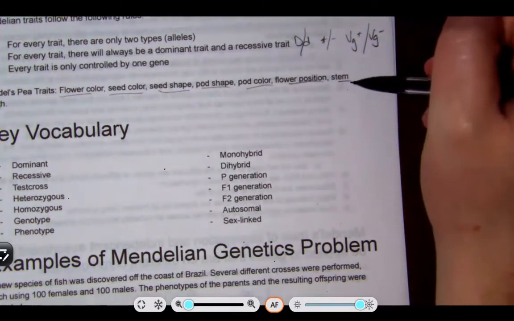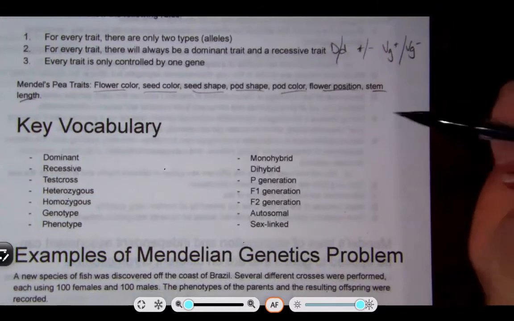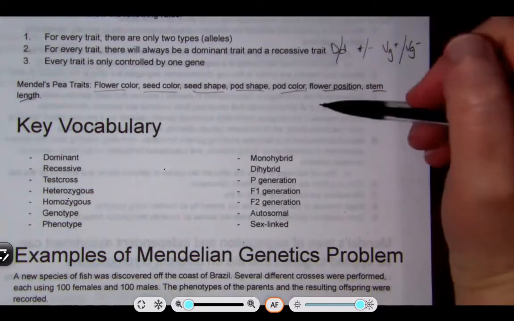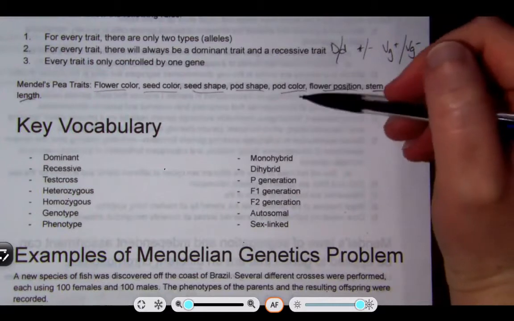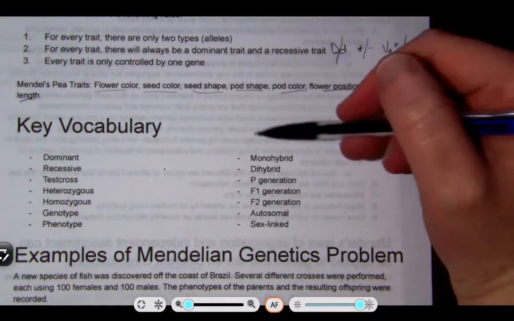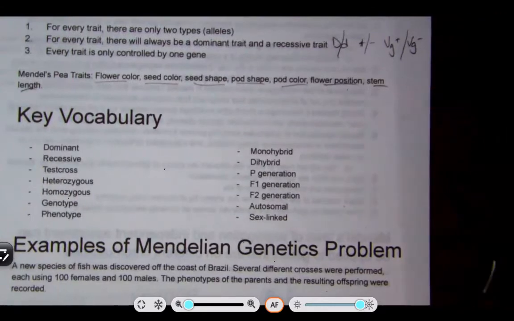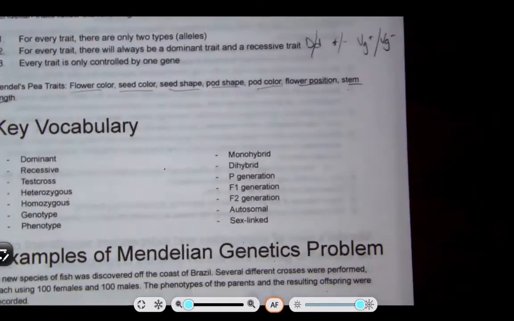He got really lucky, because if any one of these traits had been sex-linked, which doesn't really work in plants, or codominant or incompletely dominant, everything would have been messed up and he probably wouldn't have been able to come up with his rules. But just be aware, these are Mendelian traits.